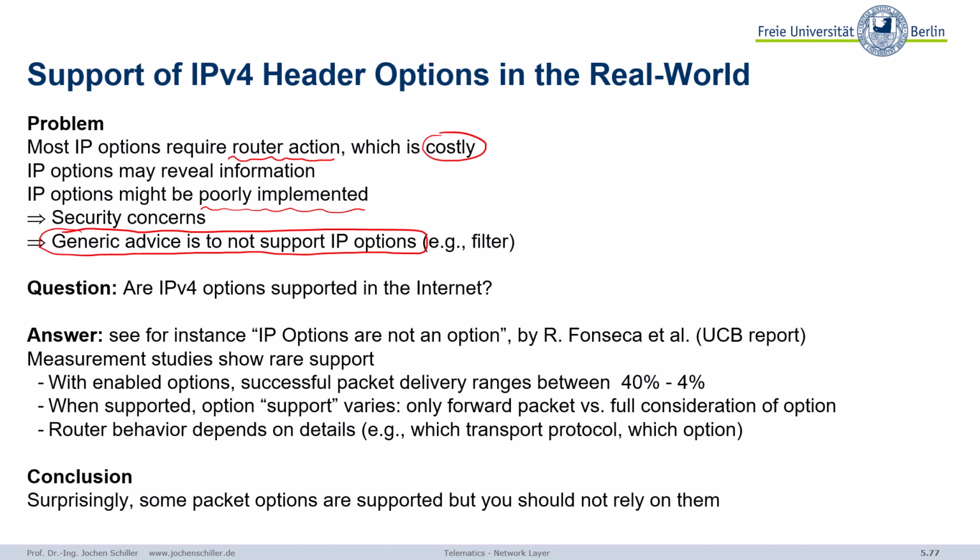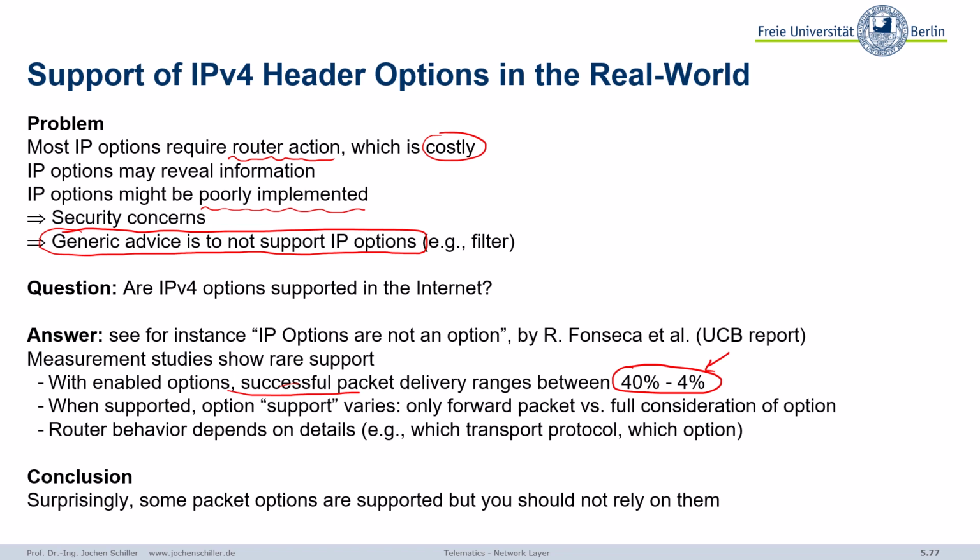So the question is, are they supported? Yes and no. There are some papers telling you that IP options are not really an option. Studies show that if you enable the options, then successful packet delivery ranges between 40% and 4%, depending on the path, down to 4%. So that means if you enable options, there's quite a good chance that your packet will never go through. So you had better not use the options.